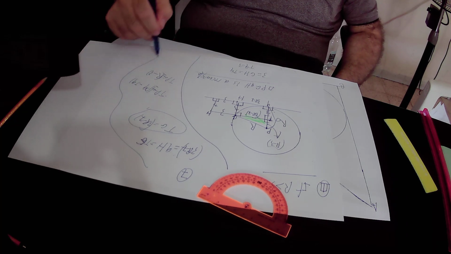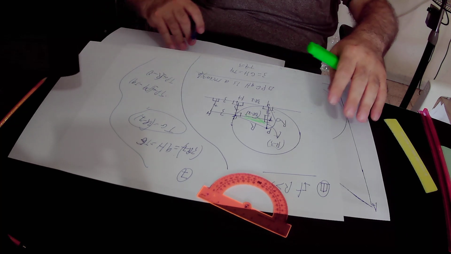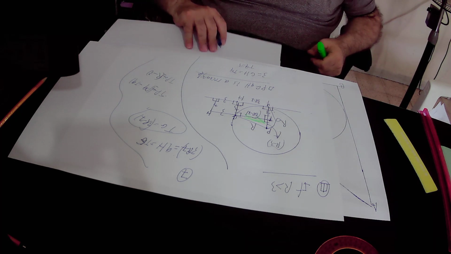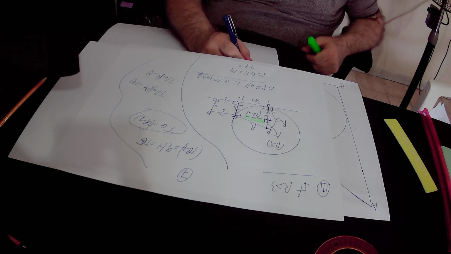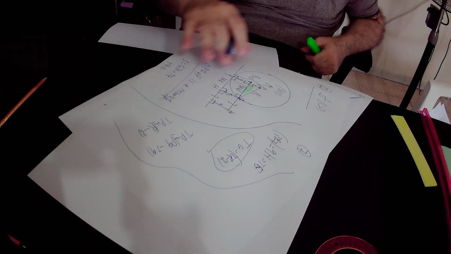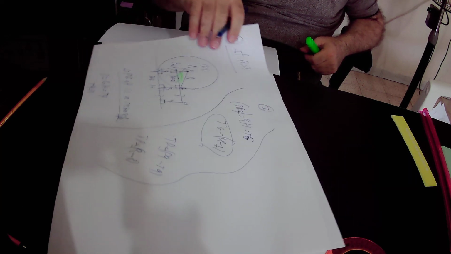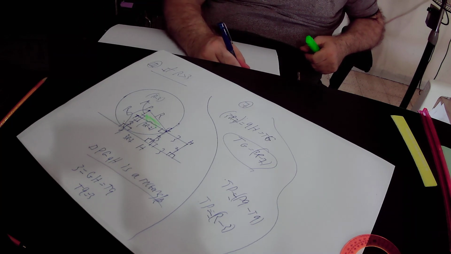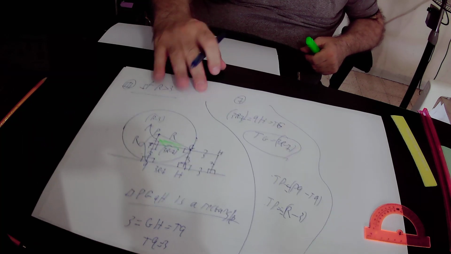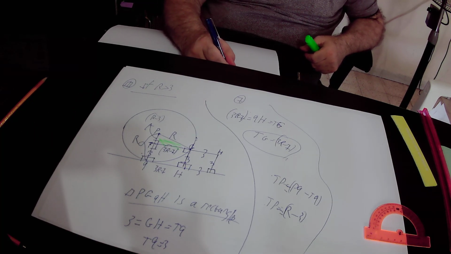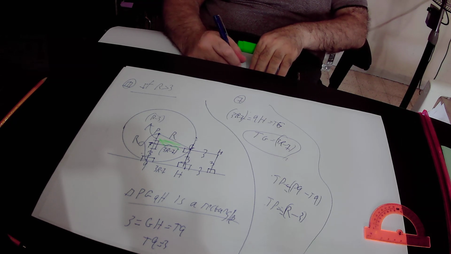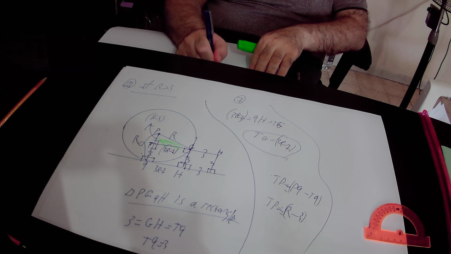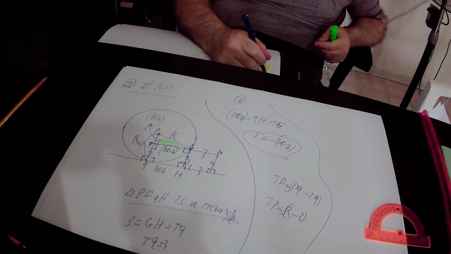According to the Pythagoras theorem, in the right green triangle PTG, the square of the hypotenuse equals the sum of the squares of the perpendiculars.